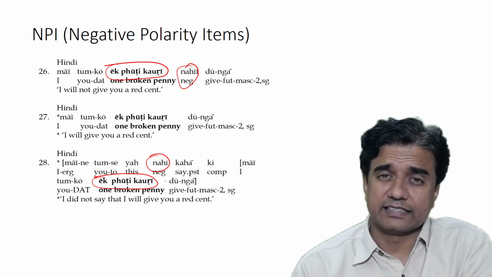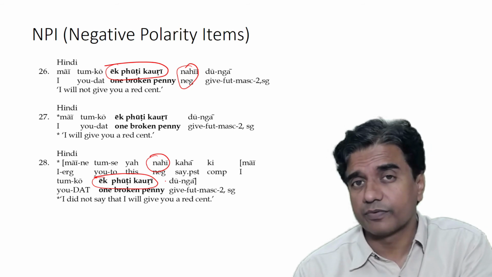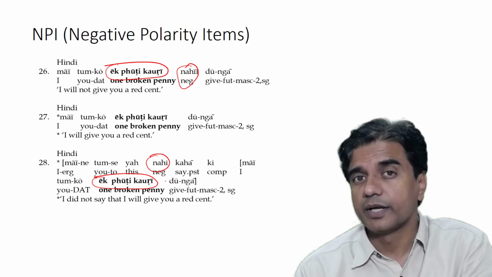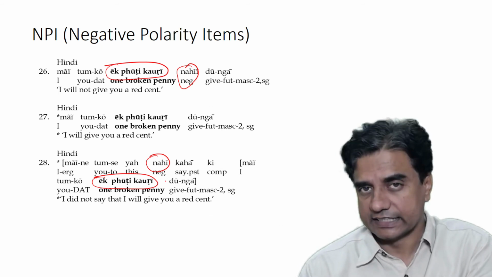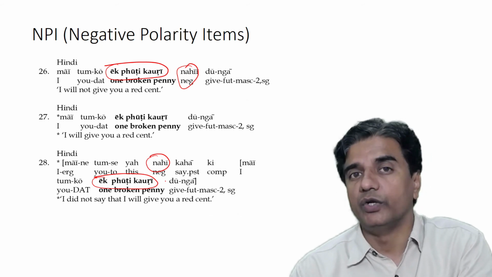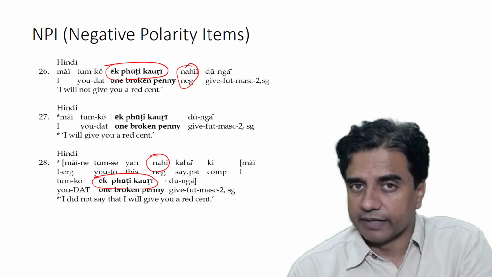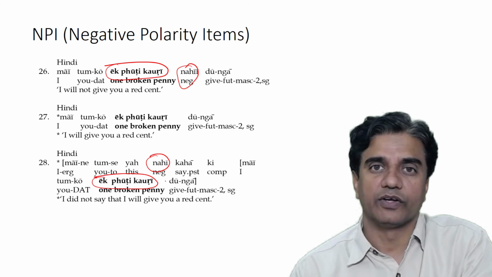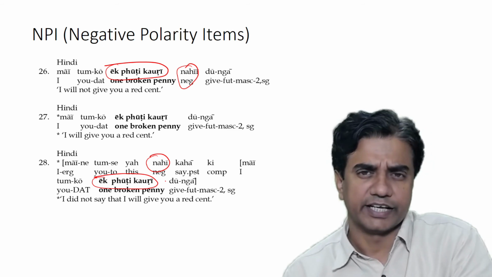That is, a certain strict type of negative polarity items must only be licensed when they exist in the c-commanding domain of the negative element within the same clause. Such is the restriction on the licensing of negative polarity items.